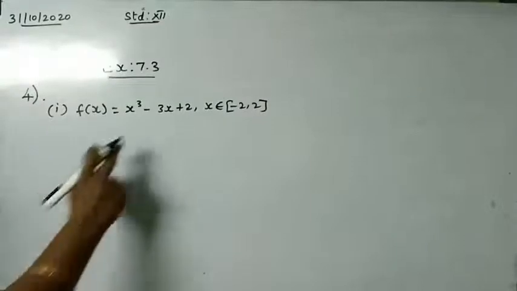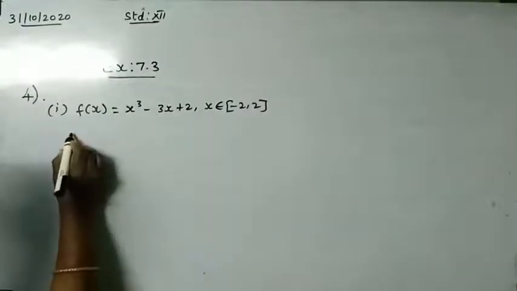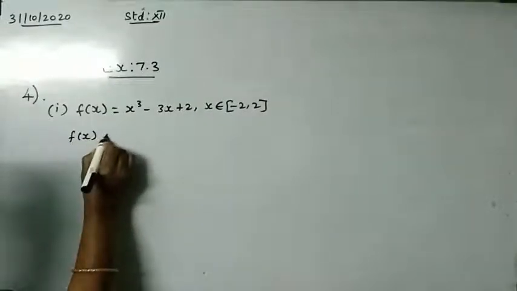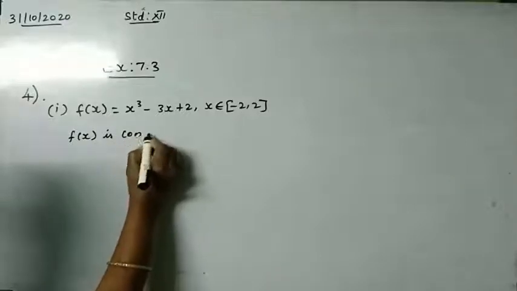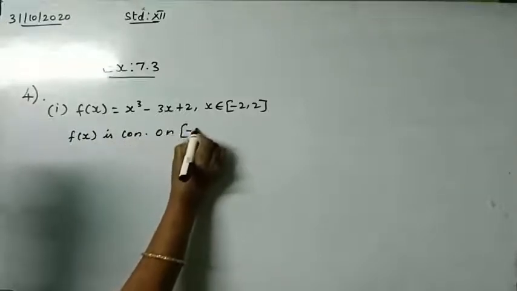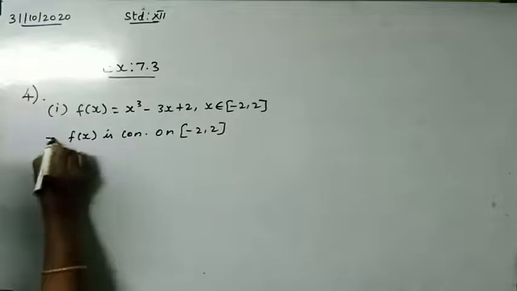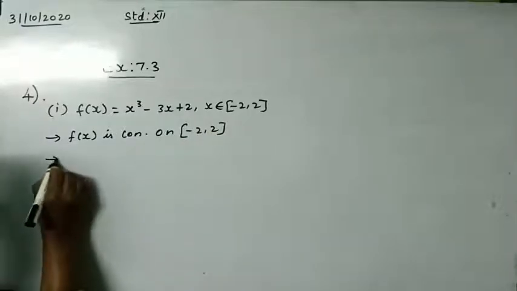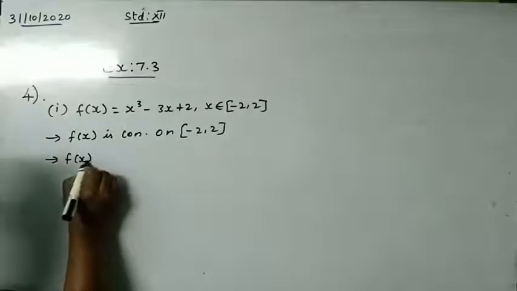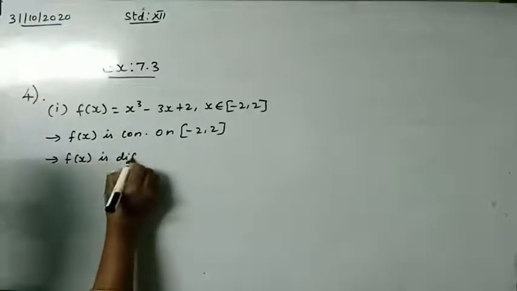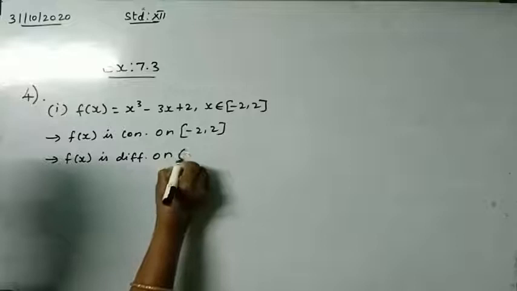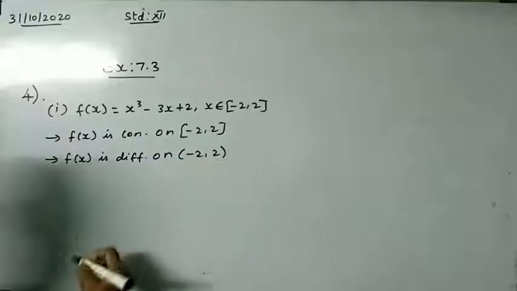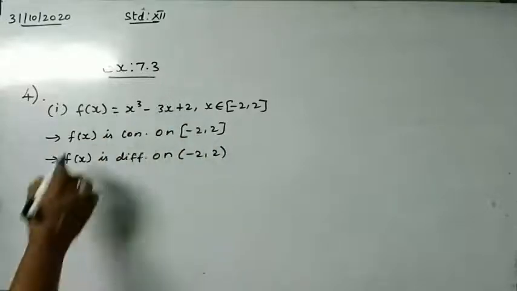First let us check. Since it is a polynomial, we can say that f of x is continuous on the closed interval minus 2 comma 2. The first condition is satisfied. The second condition, whether it is differentiable or not. So f of x is differentiable on the open interval minus 2 comma 2, since it is a polynomial.